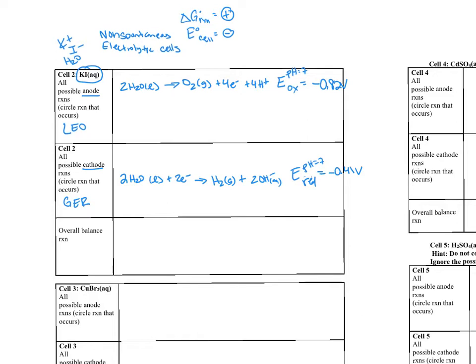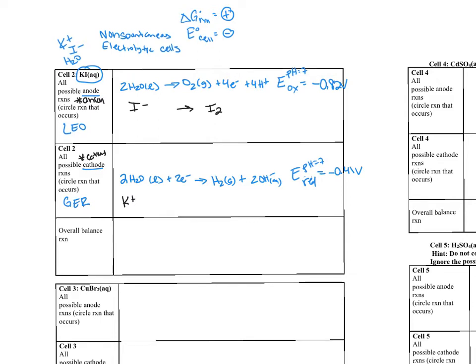Now we need to think about what ion could possibly react. Here's a hint. At the anode, we typically have anions reacting because anions tend to lose electrons. At the cathode, we typically have cations reacting because cations tend to gain. So at the anode, we have our I minus, and at the cathode, we have K plus. I know the half reactions, we're always forming the elemental form of the ion, which is I2.